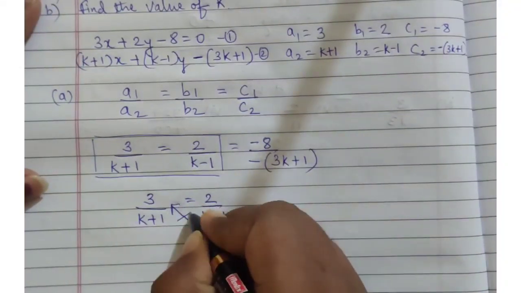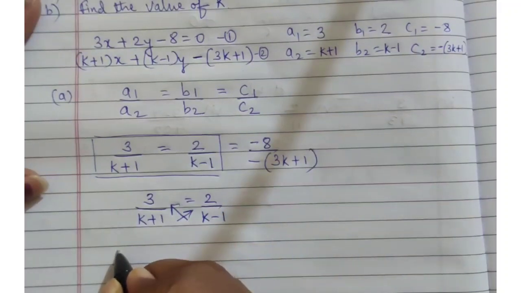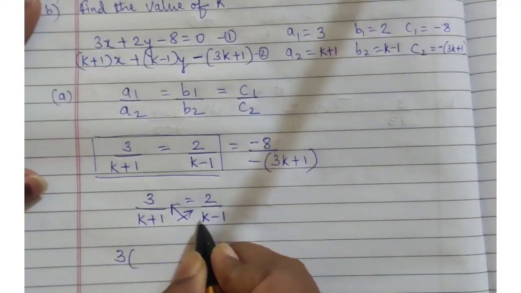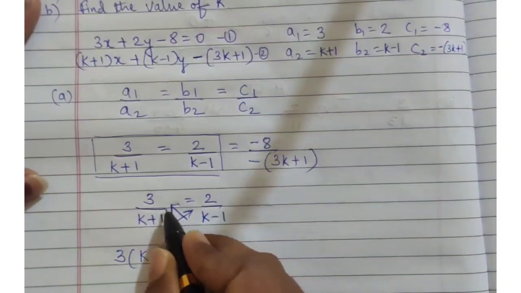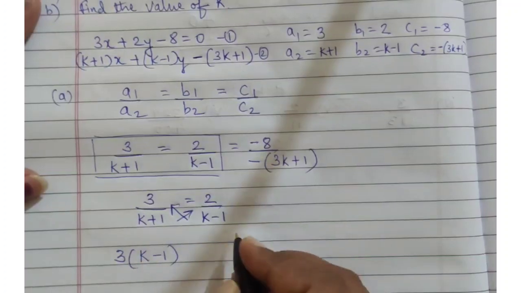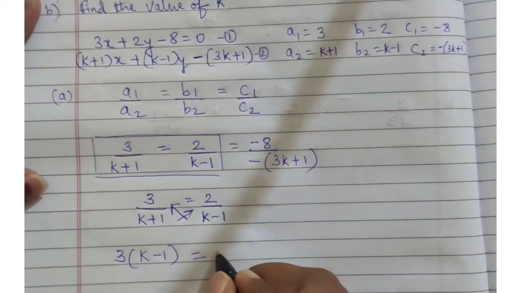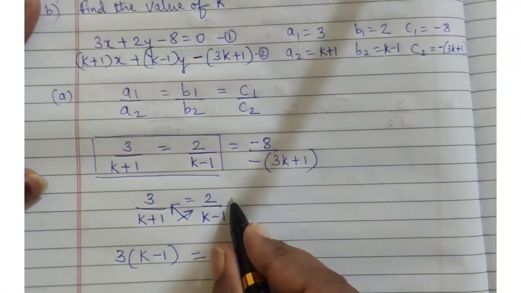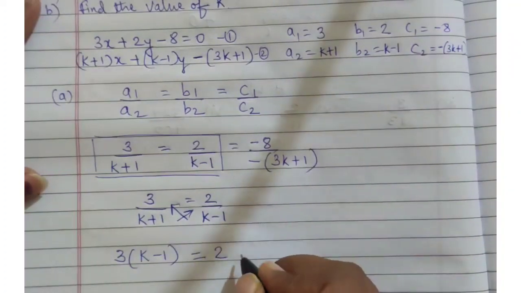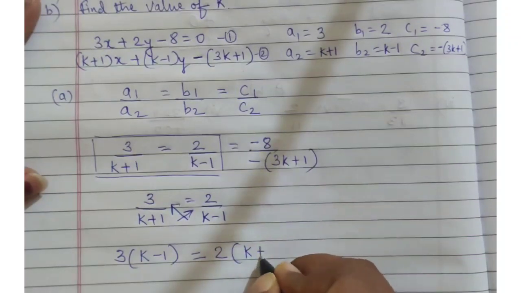So we have 3 here, two terms we are taking together this side, so put a bracket, (k-1), division it is, so it will come here and get multiplied, so put a bracket there, equals, then we have 2, k+1 will be transposed to the right hand side, it is division here, so it will get multiplied, (k+1).